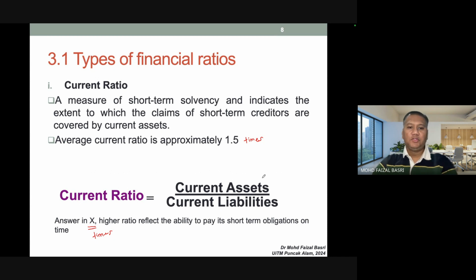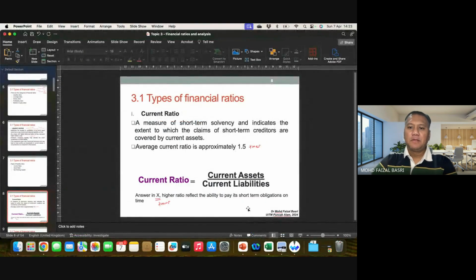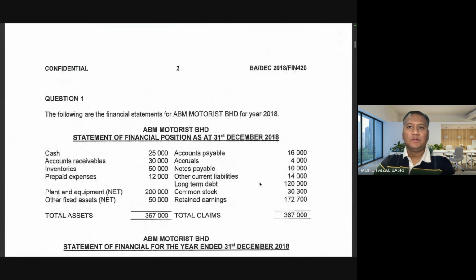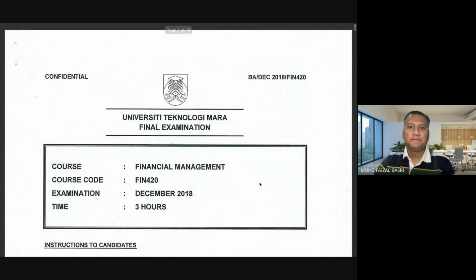Okay, so to jog your memory a bit, and to assist you to understand how this ratio works, bear with me. I have to go from the notes to some examples so that you can better understand. So ni example daripada past year. You still can see this one kan, the past year question.